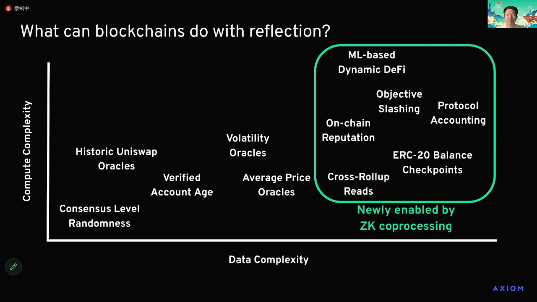Whereas if you look at DeFi today, we're very far away from that. Now, I don't think DeFi should work the same way as traditional finance, but we do think that injecting some of these historical data-based and machine learning-based models might be helpful for creating more dynamic DeFi protocols. So these are just a few ideas of what reflection can achieve for blockchains. Curious to see what the community comes up with.